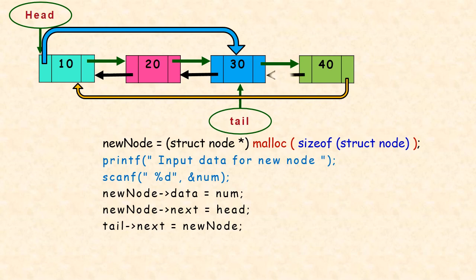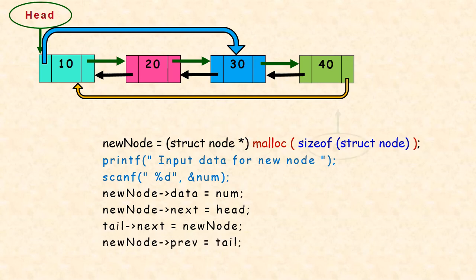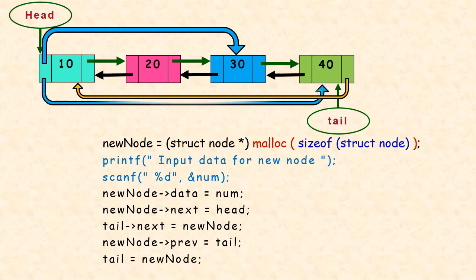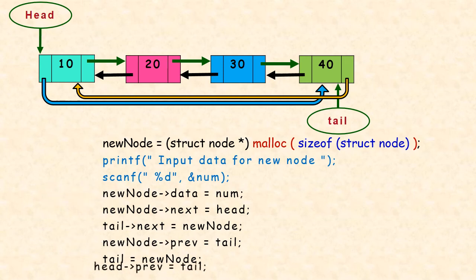Then new node previous is equal to tail, a mutual connection between them. Then tail should point to the last node, so tail is equal to new node. Then this connection will be established by writing head previous is equal to tail. So this is how we implement the circular linked list.